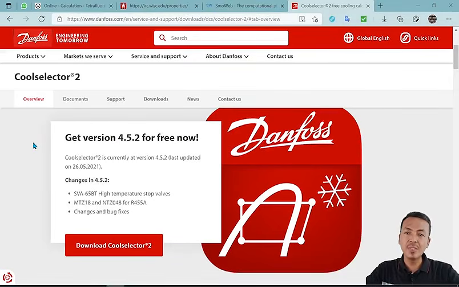They also provide consumers the software to simulate the design of refrigeration systems, but they claim that this is not the reference for the design, but it depends on the people who use this kind of software. So if you have the confidence to use this software, maybe you can also use it as a reference for your design. Simply download the software and then install it on your PC or laptop.